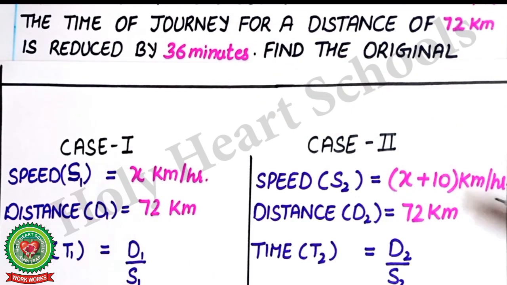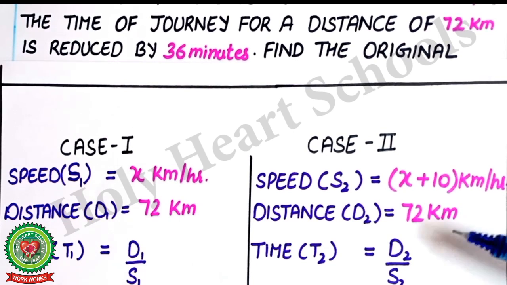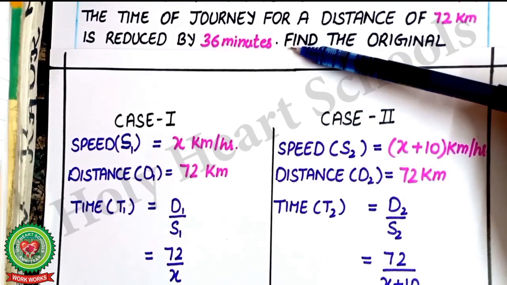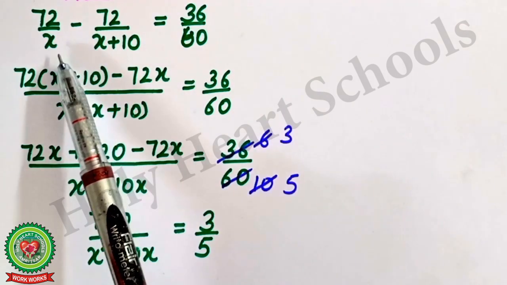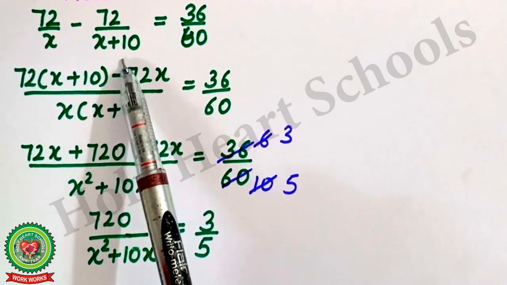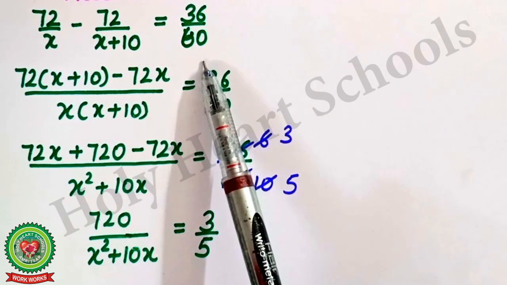But in this question, speed is in kilometer per hour and distance in kilometer. It means time is also in hours only. So convert 36 minutes into hours first. Then 72 upon x minus 72 upon x plus 10 equals 36 upon 60.